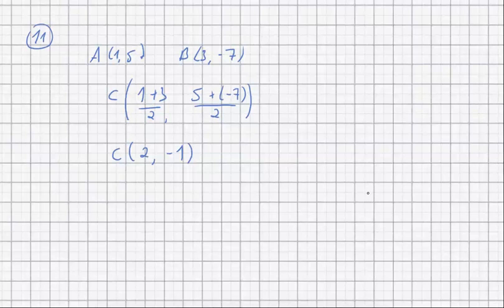C היא נקודת אמצע של AB. We have 2 נקודות.